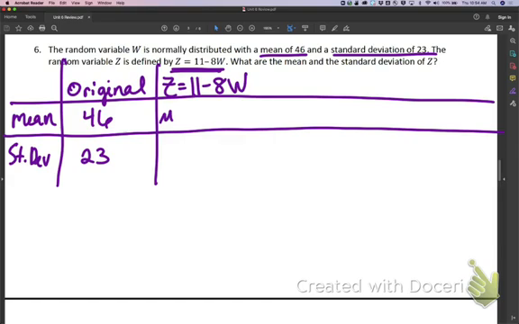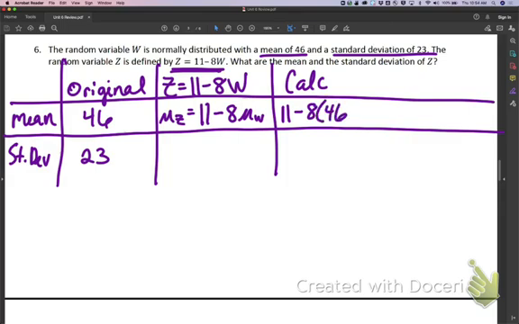That means for the mean of Z, now the mean is affected by multiplication, division, addition, and subtraction. So for the mean, I just have to plug in the original mean of W, which is 46. So that calculation is simply 11 minus 8 times 46.